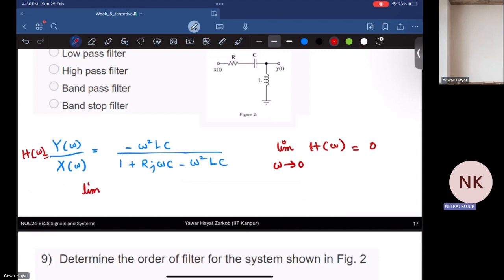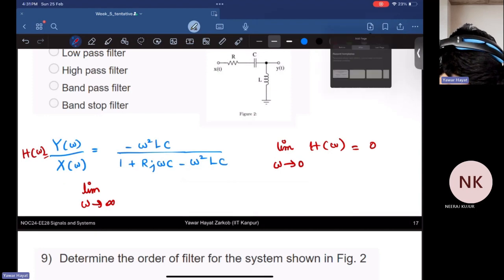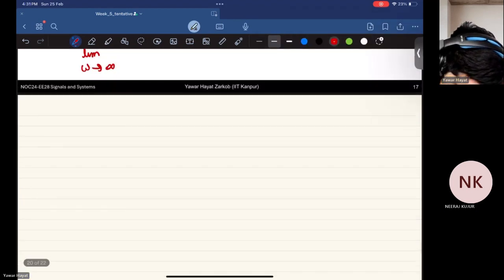I'll take the other case, limit omega tends to infinity. I guess I'll need to use L'Hopital's rule. Let me use a separate page.